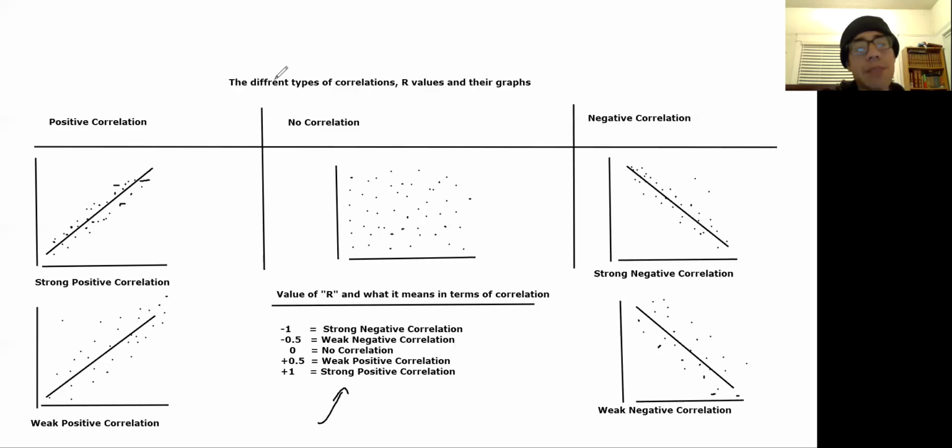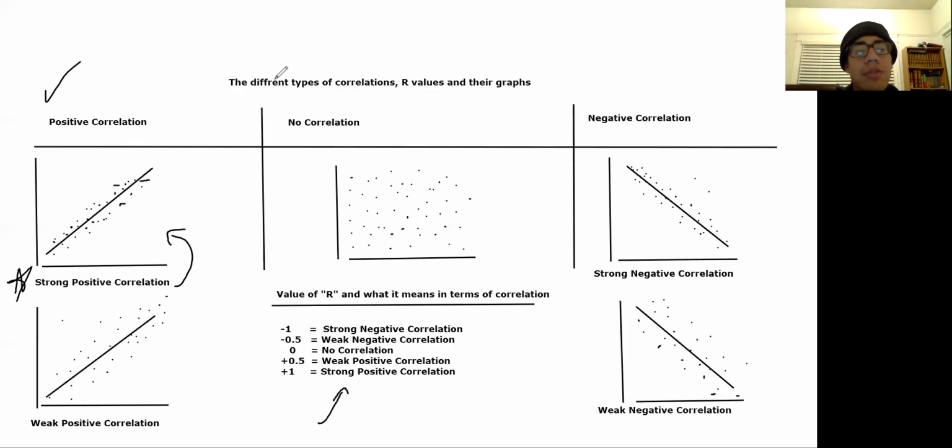Now, if you notice, I split this up into 3 sections here. This section right here shows you all the possible positive correlations. You see the first one, it's what we call a strong positive correlation. If you notice, all the coordinate points are kind of together, bunched up together. And in general, the more right they go, the higher they go.